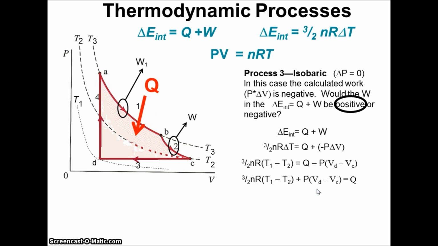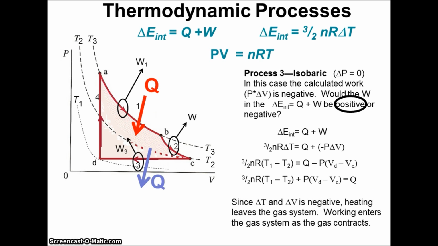Volume at D is going to be less than volume at C, so that term is going to be negative. So that means the heat will be negative. So that means the gas is actually losing energy from heat. And we've got work coming into the system as it contracts.